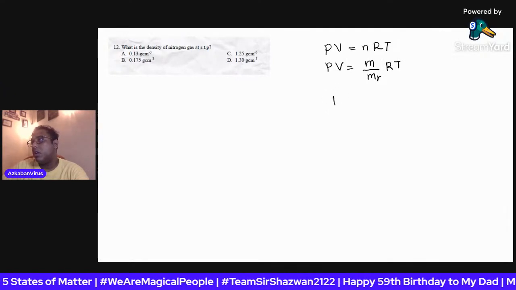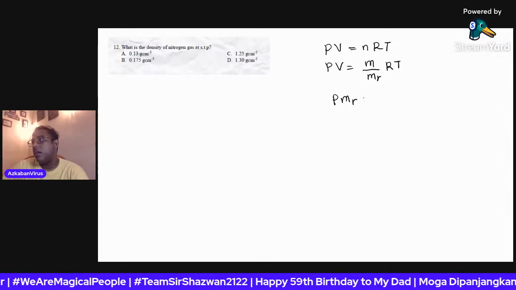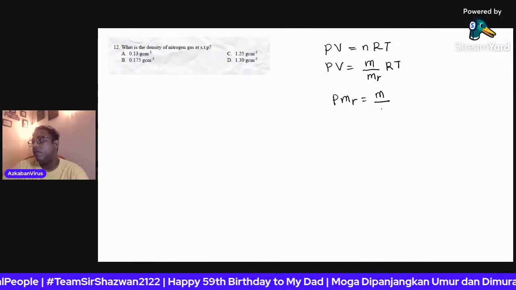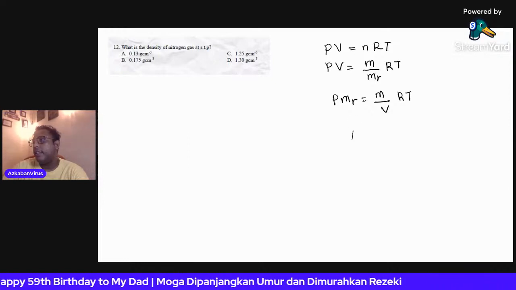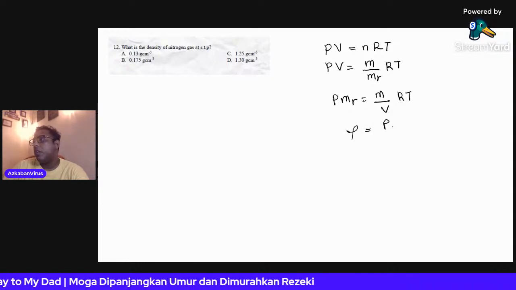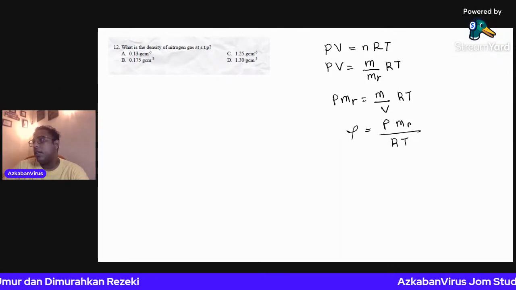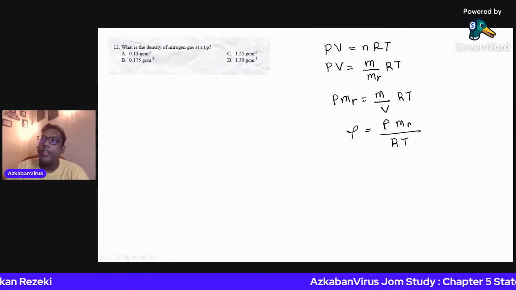So kita tahu bahawa PM over R is equal to mass over volume RT. Mass over volume ni adalah density. Density is equal to PM over RT.